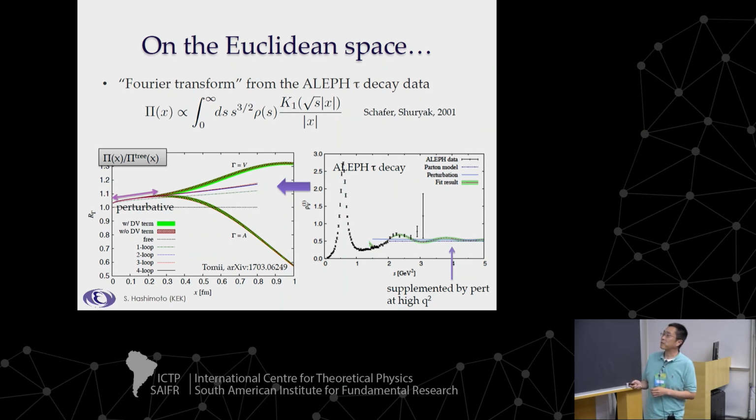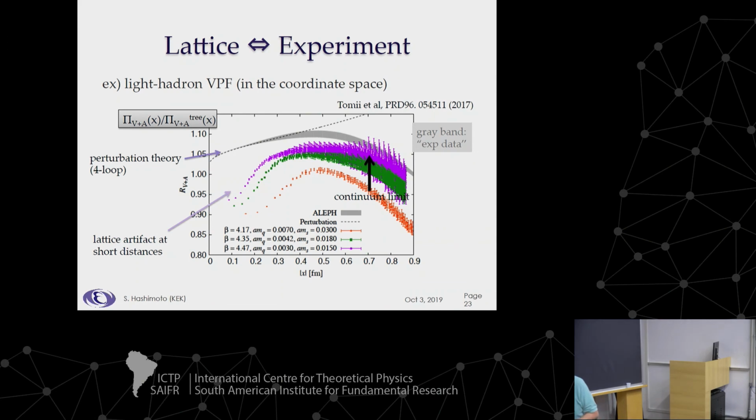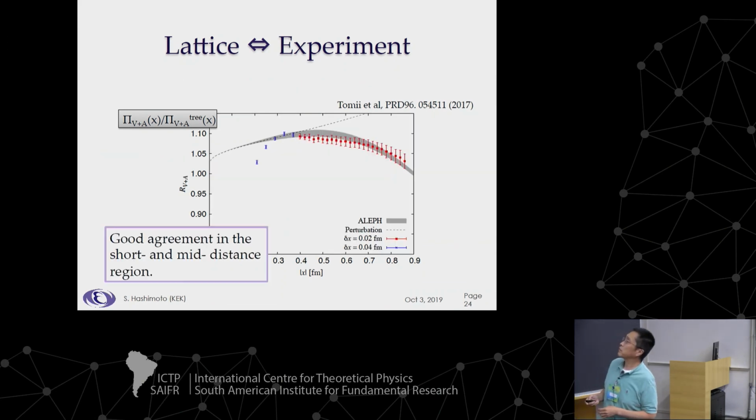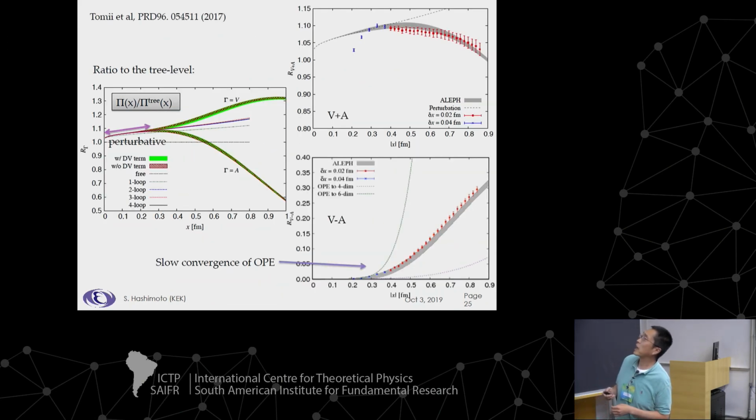So we have this, and that we want to compare with the lattice calculation. For the vector plus axial vector, lattice data are shown there on the top right, and there the gray band is the same curve that is obtained from the experimental data.